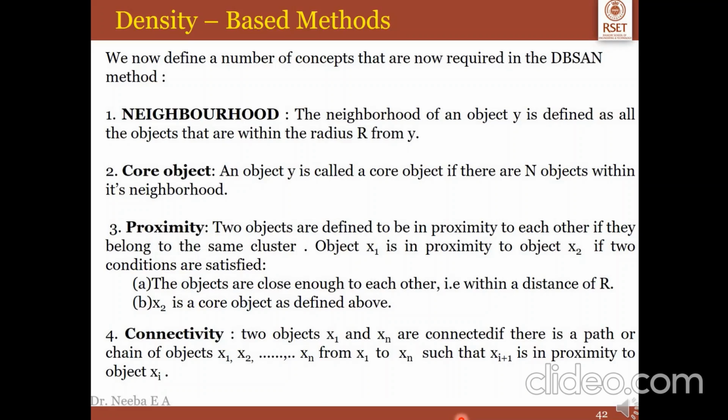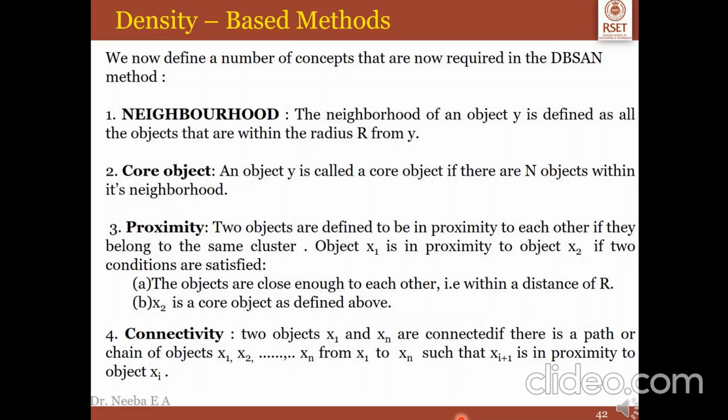These are 2 things which is in the proximity. Now connectivity. 2 objects x1 and xn are connected if there is a path or chain of objects x1, x2 to xn from x1 to xn such that x(i+1) is in proximity to xi.